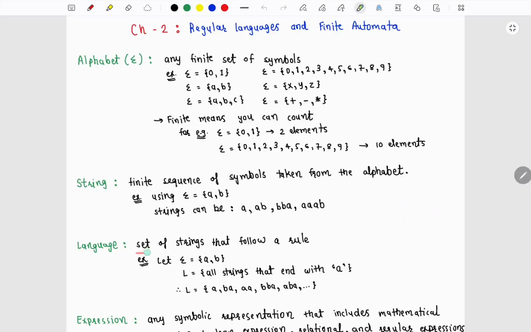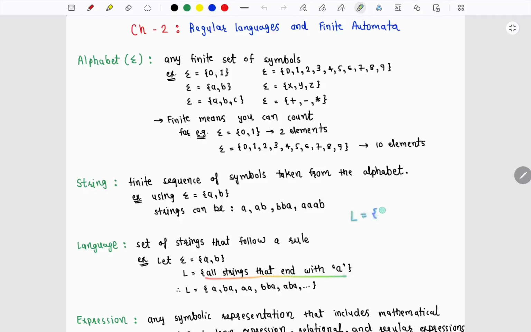So here language is a set of strings that follow a rule. For example, if we take alphabet as A, B, then we can generate language from this alphabet. For example, if we take language as all strings that end with A, then what we can write?